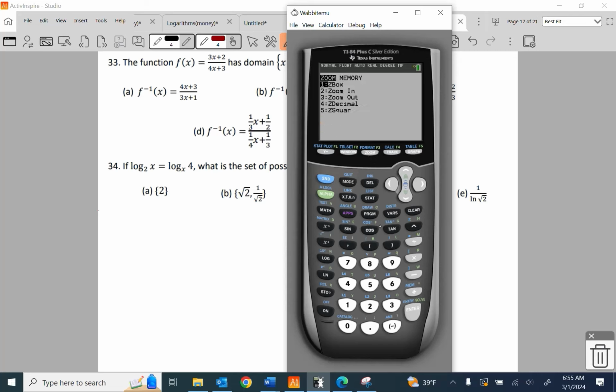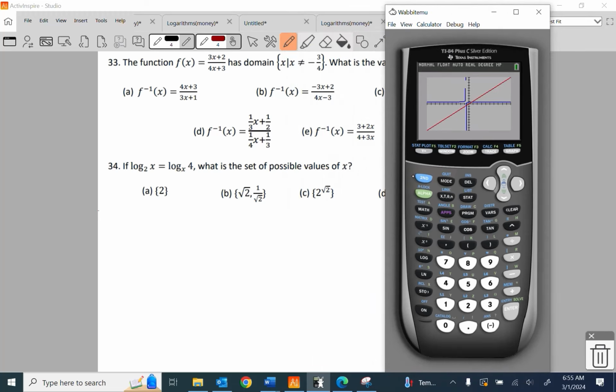I put y equals x in R2. Here comes the original rational expression. Kind of ugly looking. Here comes y equals x. Its inverse has to have symmetry with that. And you know, I think that B is the one. So let's type it in.